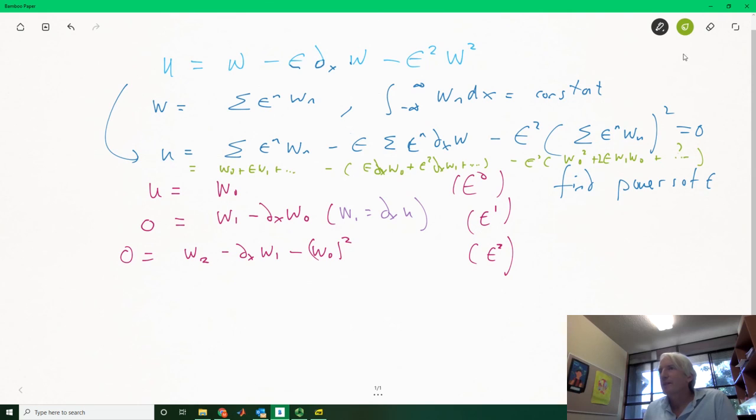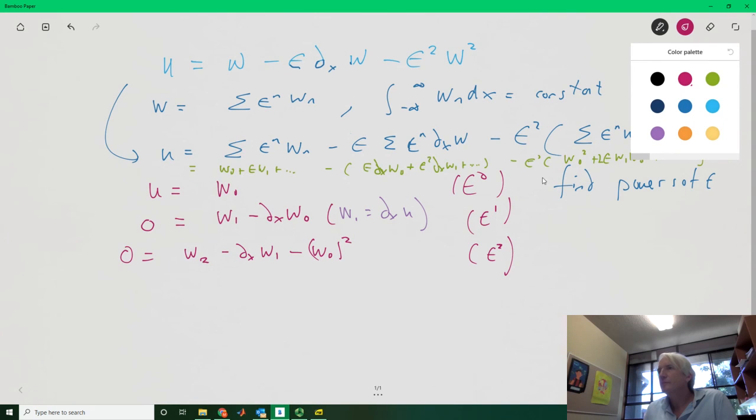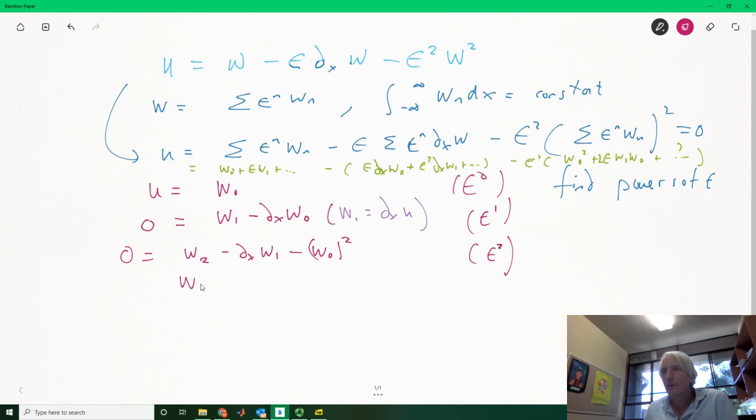All right, so coming back to this, there's the expression there, so that's equal to 0. So that tells us that w2 must be equal to w naught, which is u squared, minus the x derivative of u.